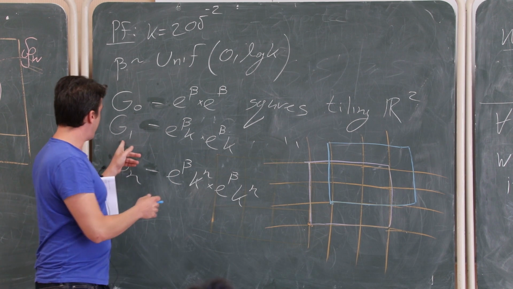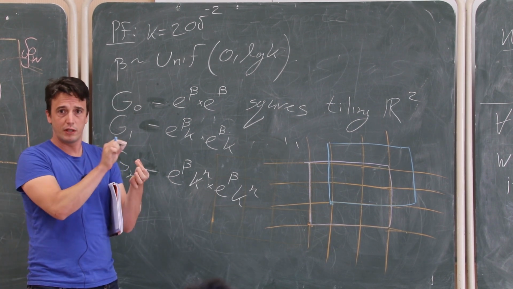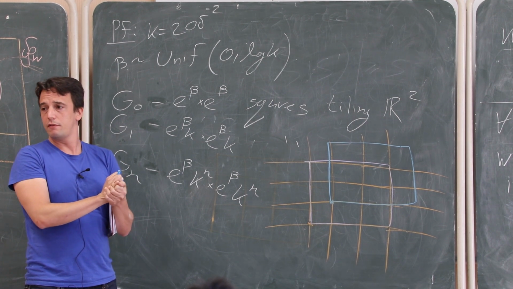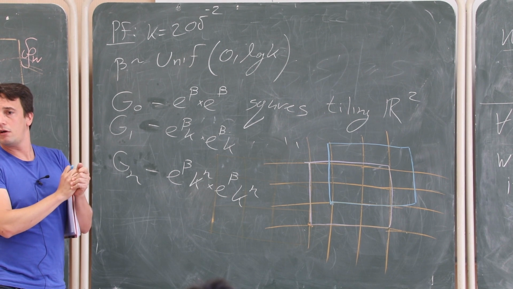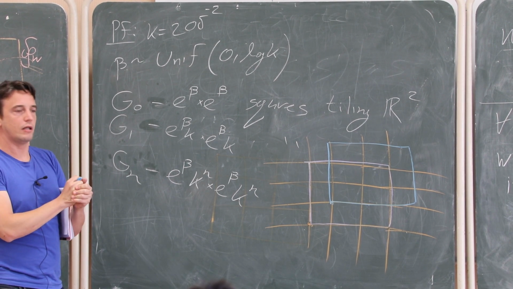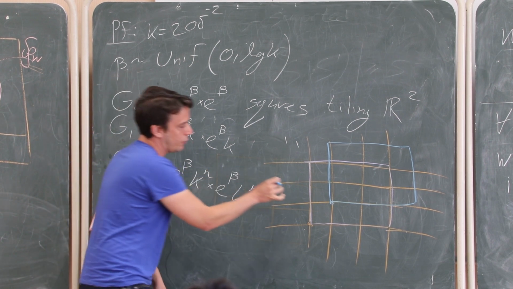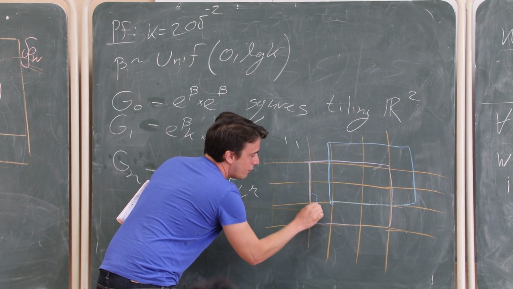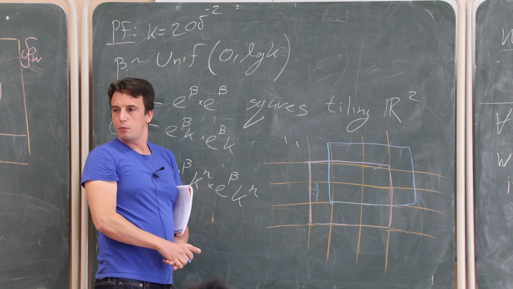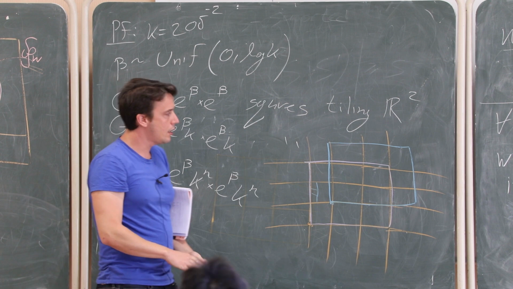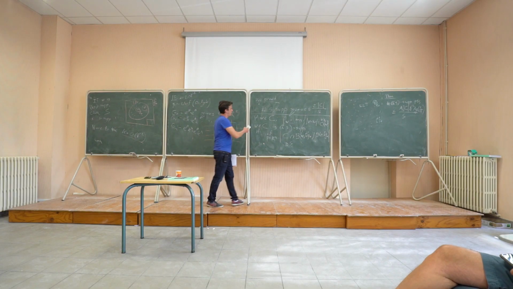Then from G1 to G2, I choose another uniform discrete random variable on a finite set, out of the k-squared choices of putting the slightly bigger tiling, again independently of everything. And I also do that in the reverse direction: whenever I want to put smaller squares, I have the same choice of how to put them.